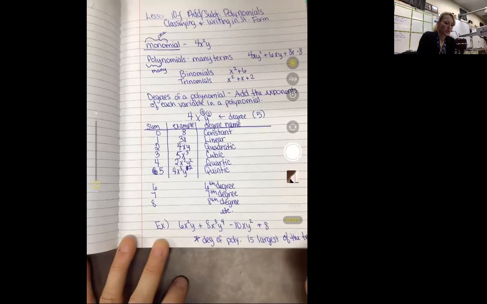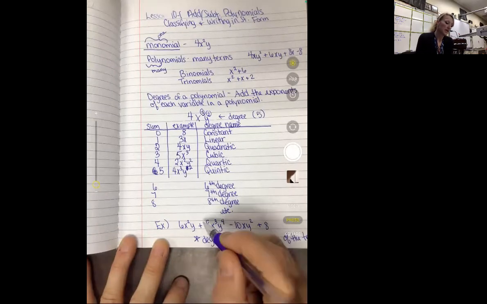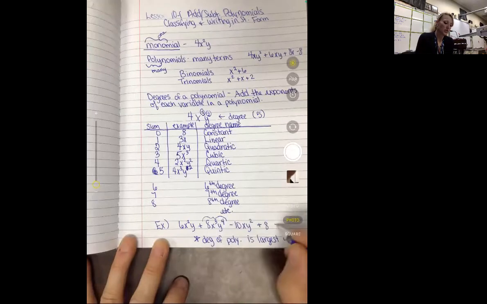So the largest degree is the degree of the entire polynomial. This one is a 3, this one is a 7, this one's a 3, this one's a 0. Because this one is the largest, the entire polynomial is the 7th degree.